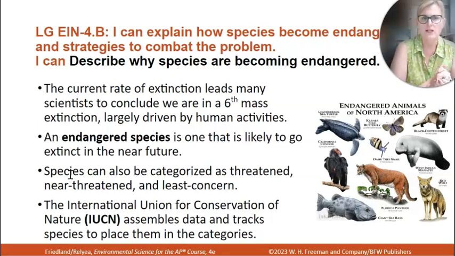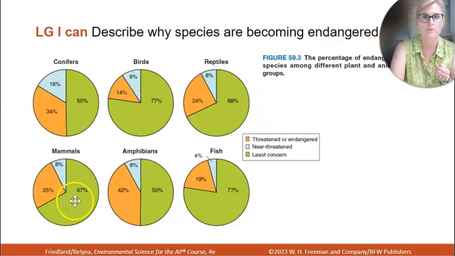You need to know what the IUCN is. They track data. They place species in critical, like super, going to become endangered super soon if we don't do anything about it. So they track endangered species throughout the world.